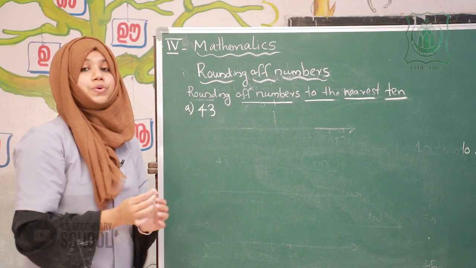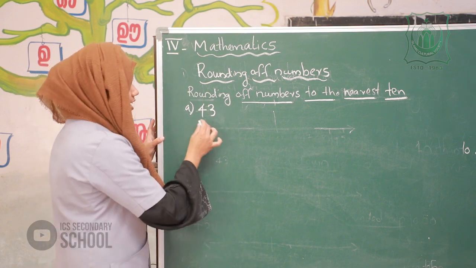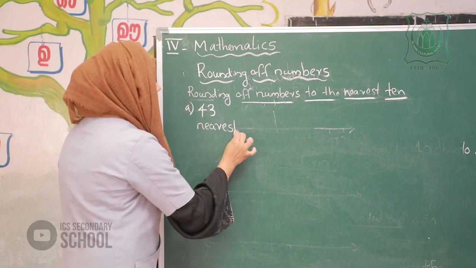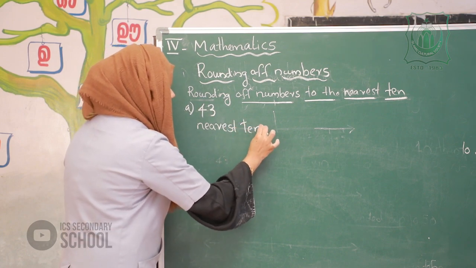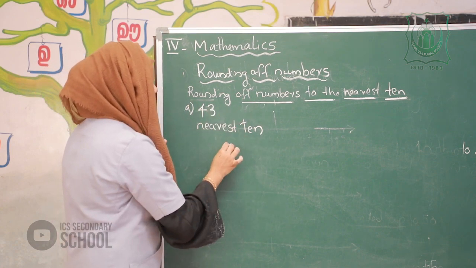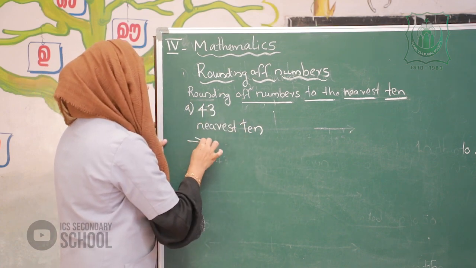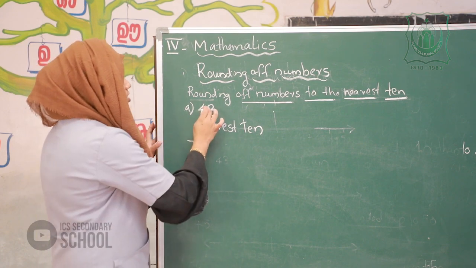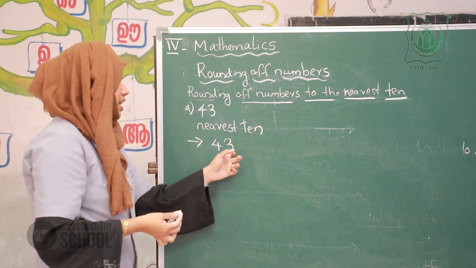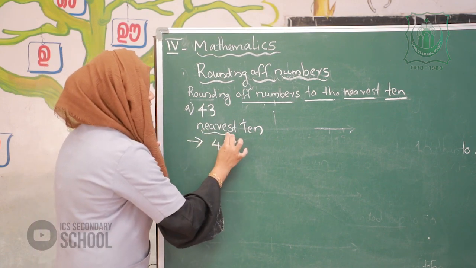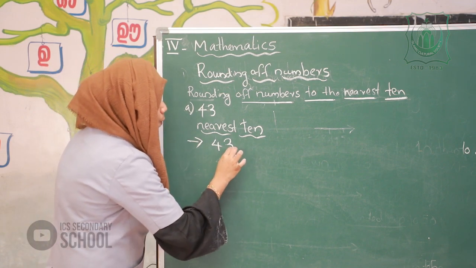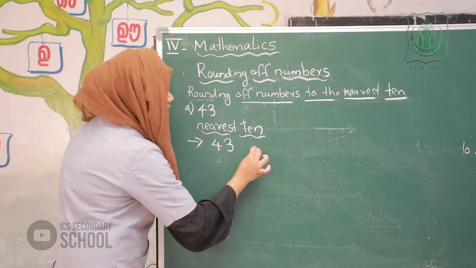We have to find out the nearest 10 of 43. How to find out? So, 43 is our number. In the case of nearest 10, we consider the ones number.